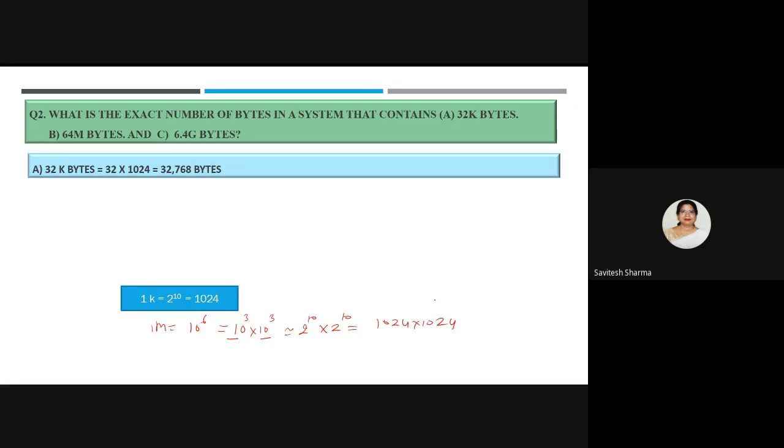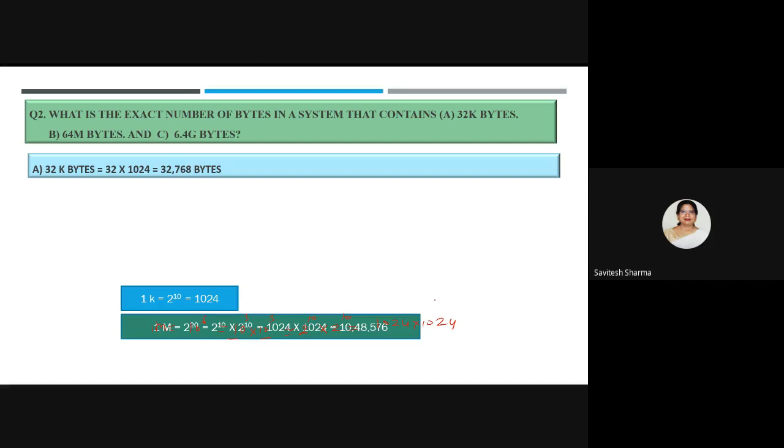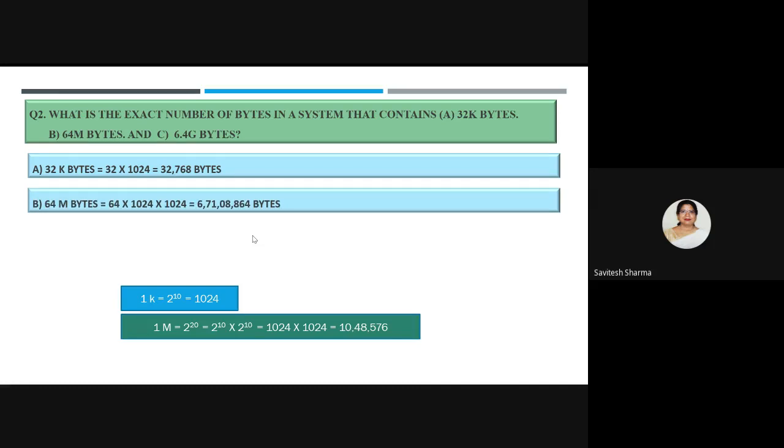If you want to calculate 64 megabytes, M represents mega, you have to multiply 64 by 1,048,576, and you will get the answer in bytes.